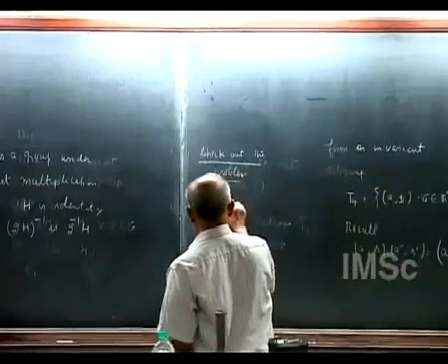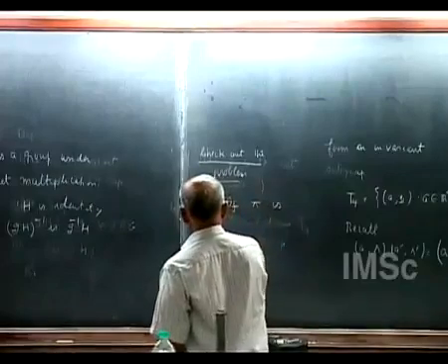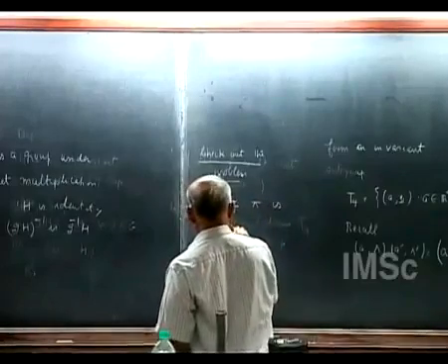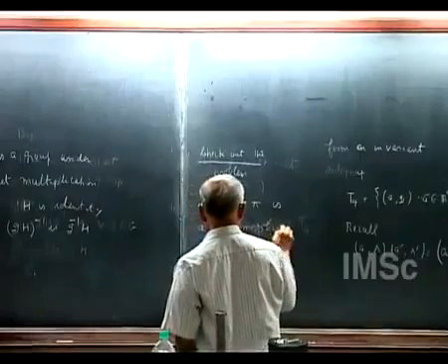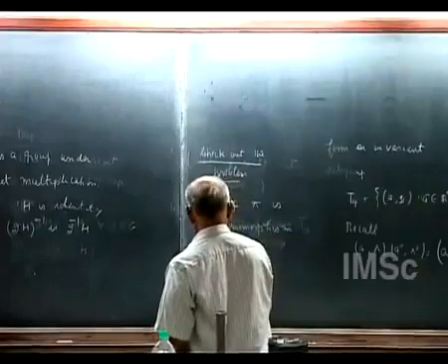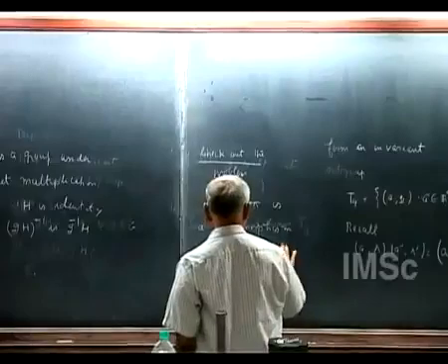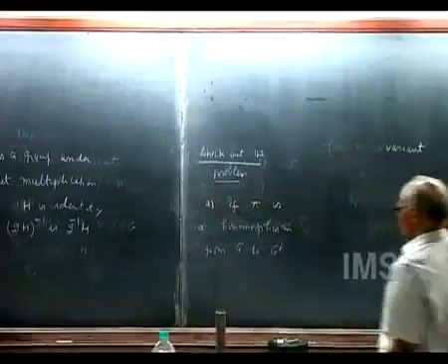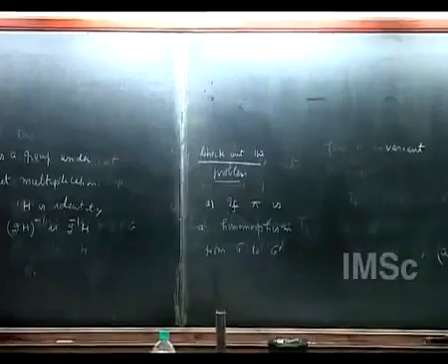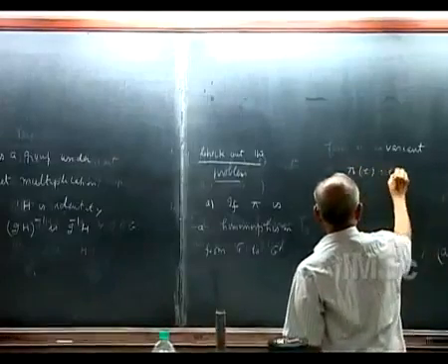If phi is a homomorphism from G to G prime, so we consider a homomorphism from G to G prime which we have defined, then we know that phi of identity is the identity e prime.